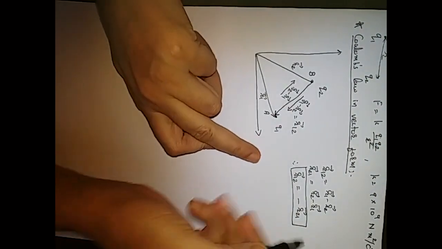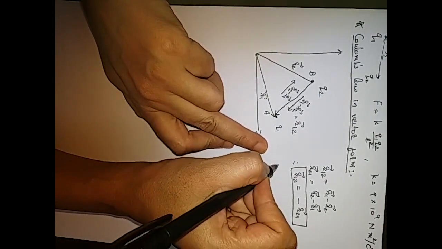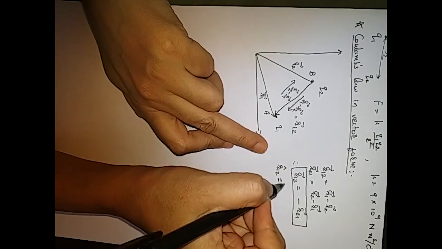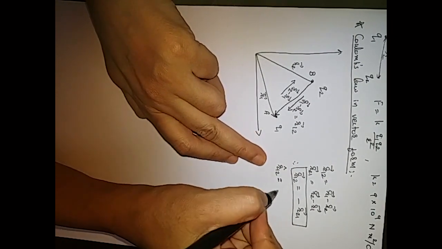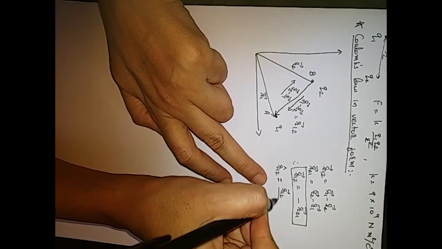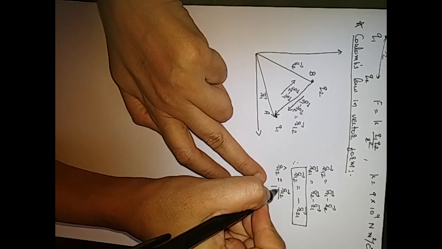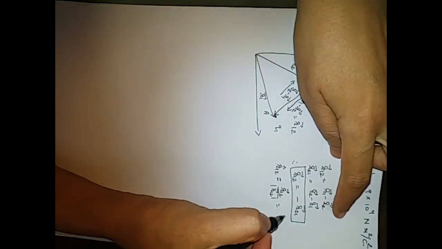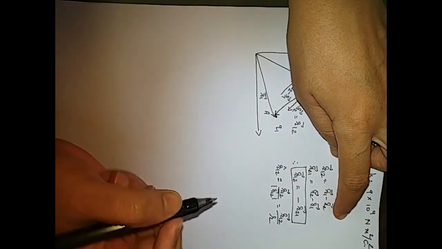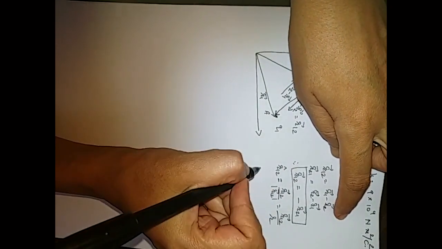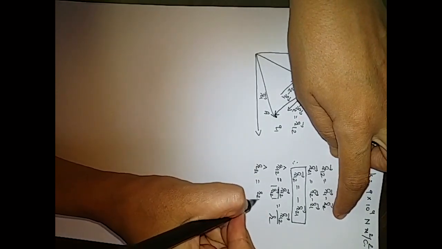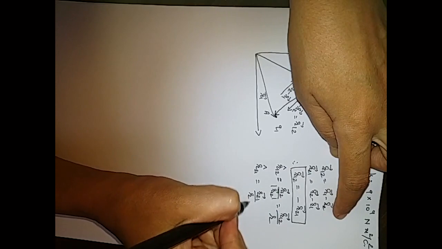Now if I consider unit vectors, we know that unit vectors are always used to mention the direction. So unit vector r12 equals vector r12 divided by the magnitude of r12. The magnitude of r12 is r, so it is vector r12 divided by r. Similarly, unit vector r21 can be written as vector r21 divided by its magnitude.